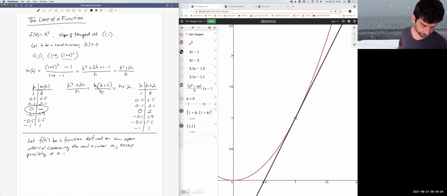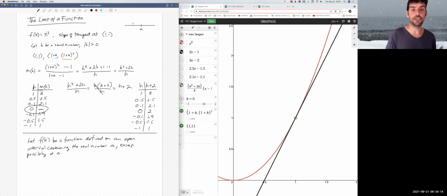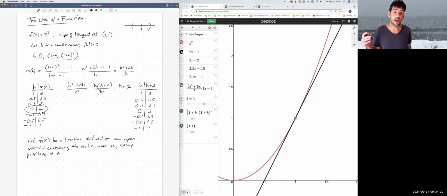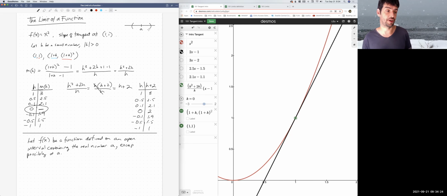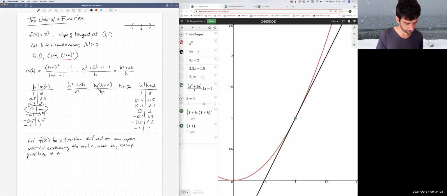Okay, so we're starting with a function, right, defined on some open interval. So if we have a number line, there's this real number a, it just means on some interval around a, the function's defined in that interval, except possibly at a. It may or may not be defined at a. All right, except possibly at a.